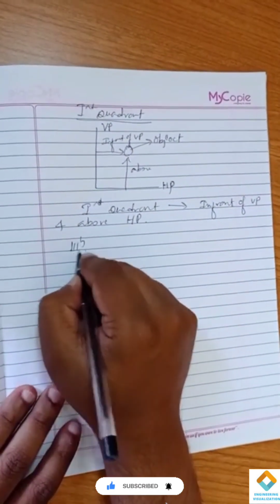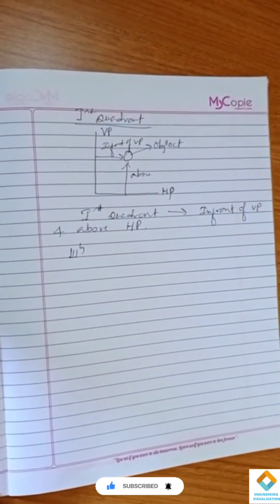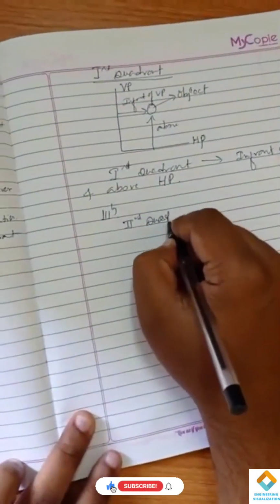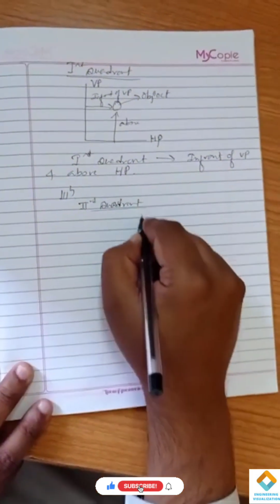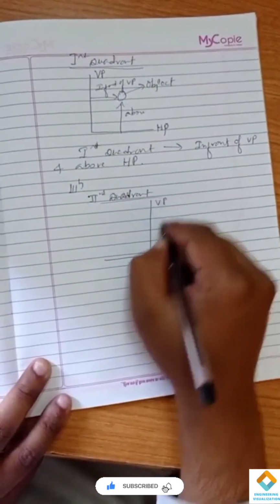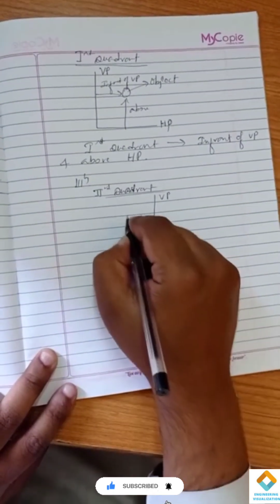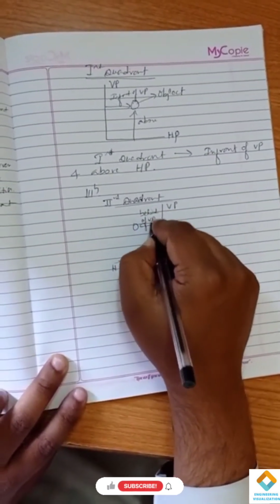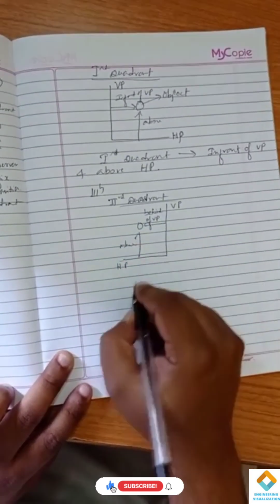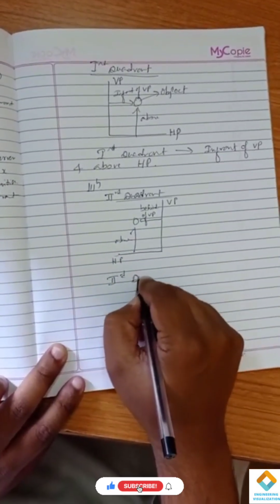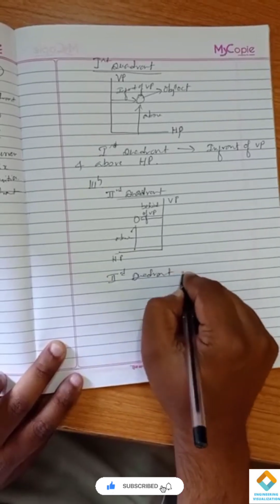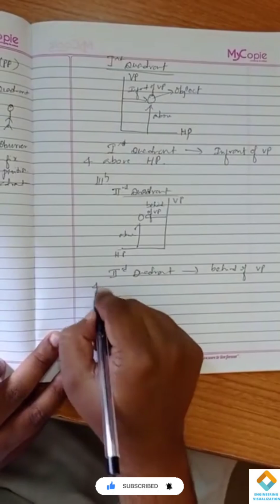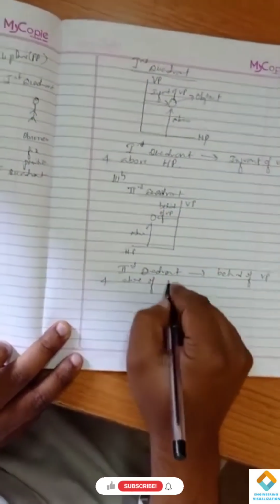Similarly, we can write for the second quadrant. VP, HP. The position of the object is behind the VP and above the HP. The second quadrant is nothing but behind VP and above HP.